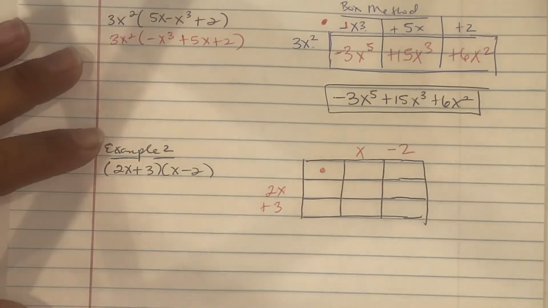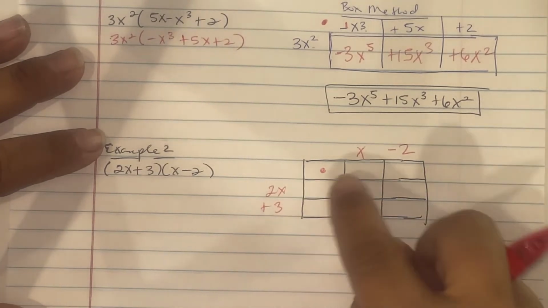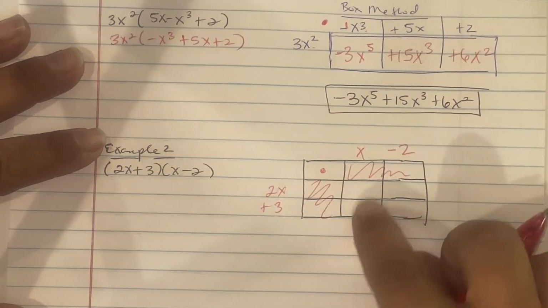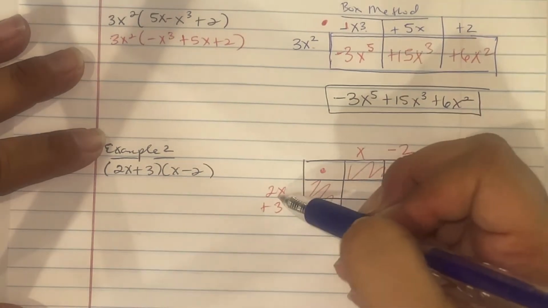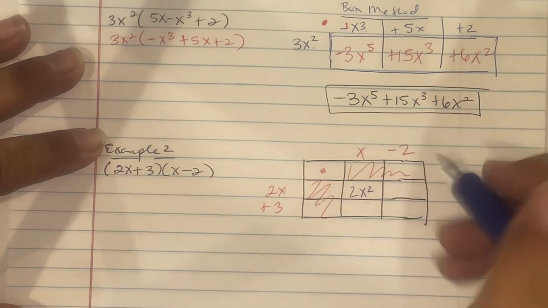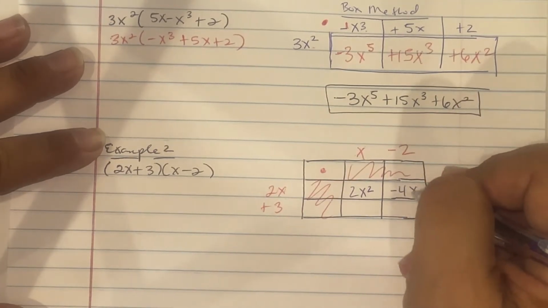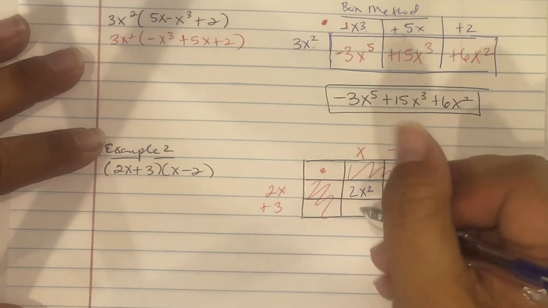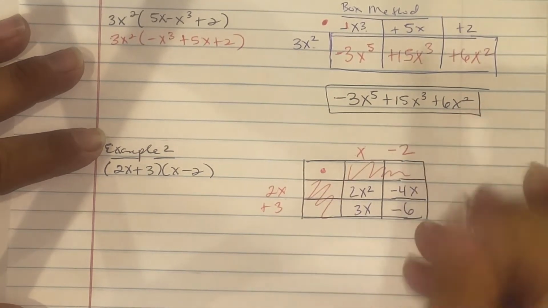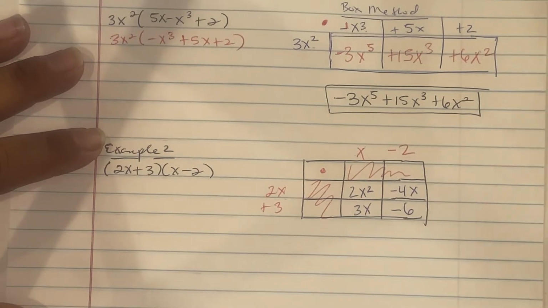So we're filling in these boxes right here. 2x times x, 2x squared. 2x times negative 2, negative 4x. 3 times the x, 3x. 3 times the negative 2, negative 6. So then what's in the bottom four is your answer, combining like terms.